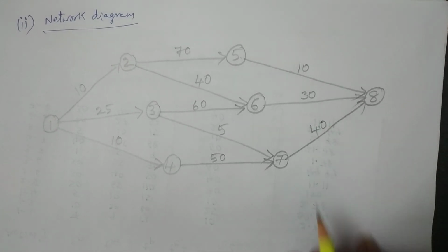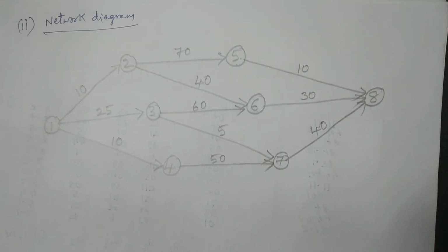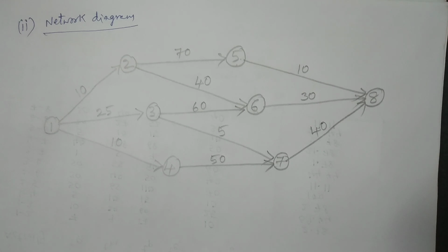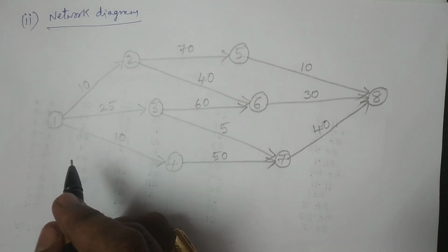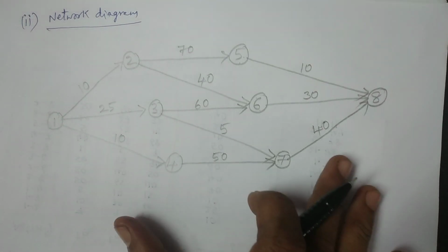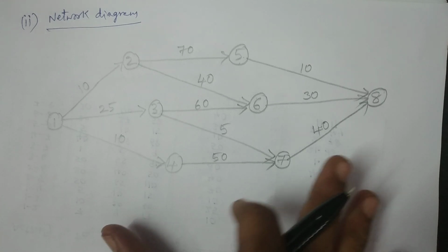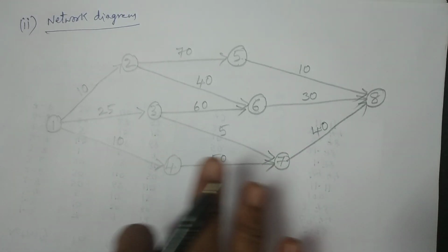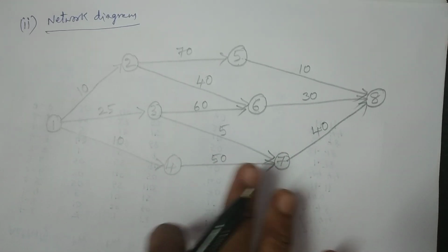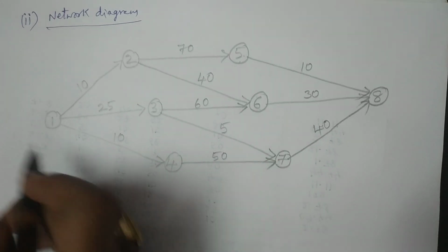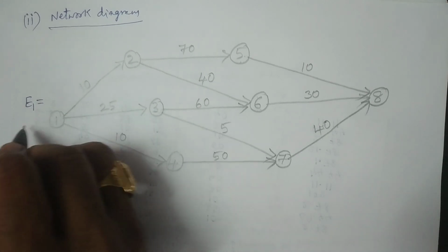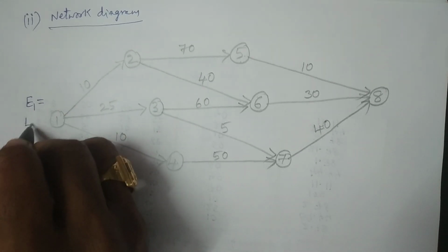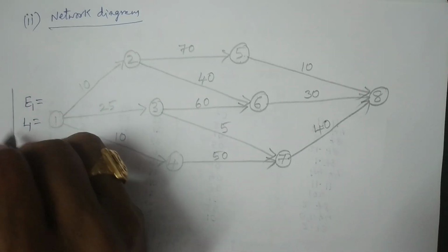Is it clear? Just now I have considered all the values of the expected times, that is time duration, in the PERT calculations. So this is the network diagram in which I have specified all the expected times for each and every activity, and now I calculate the values of E's and L's by using the formula. E1 is equal to, L1 is equal to.